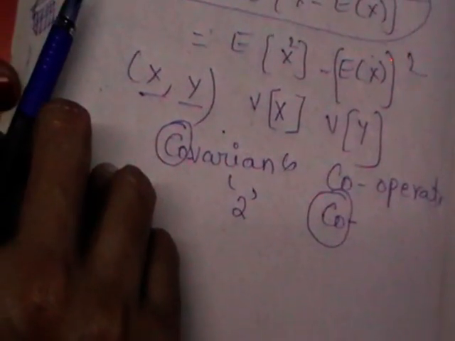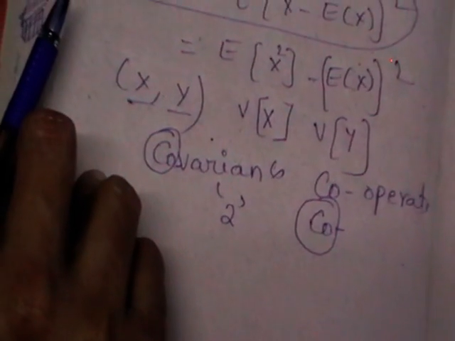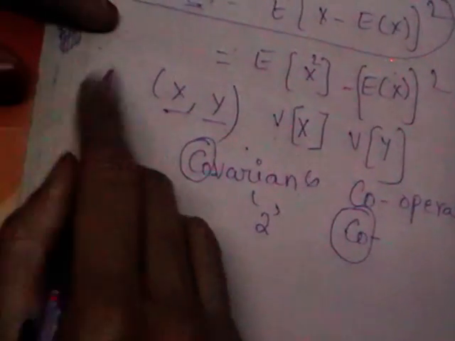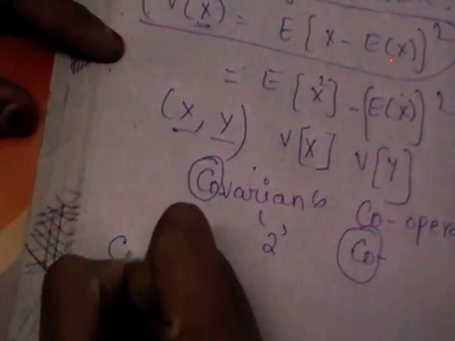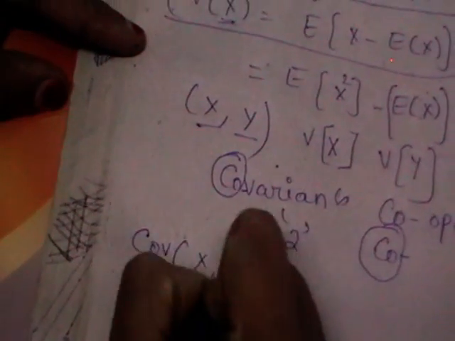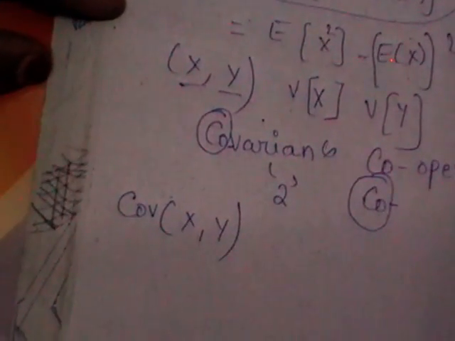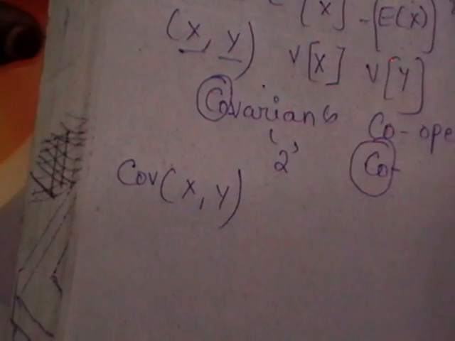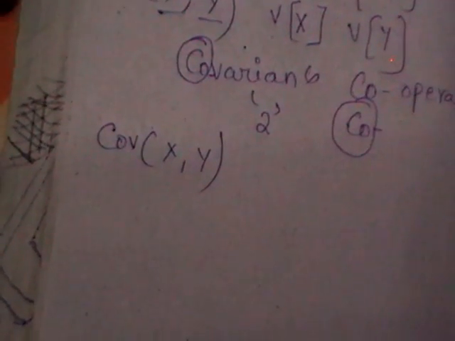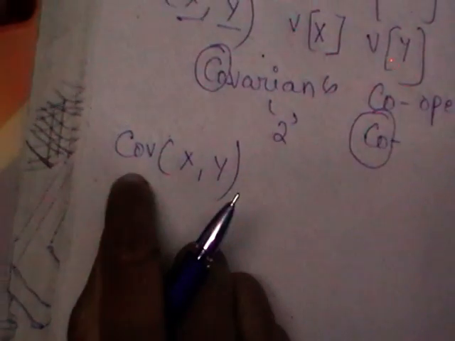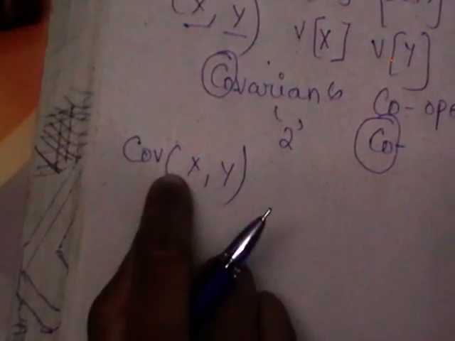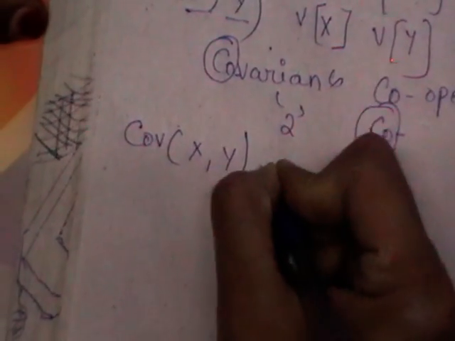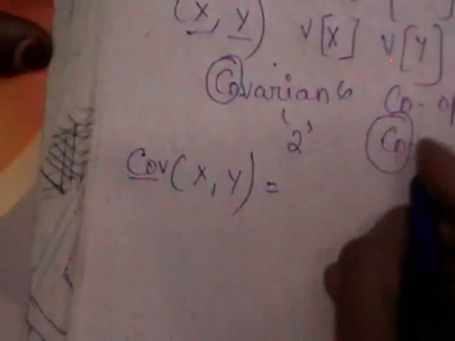Whenever we have a bivariate or trivariate distribution, to study the changes jointly between them, we use the term covariance. Let us confine our study to only two variables, though covariance may be between more than two variables also. Covariance between two variables is denoted COV of x comma y.